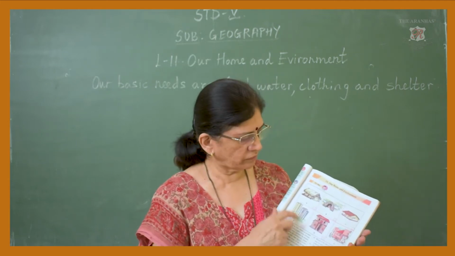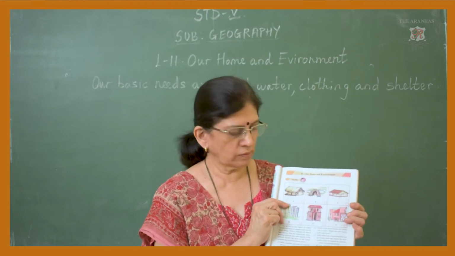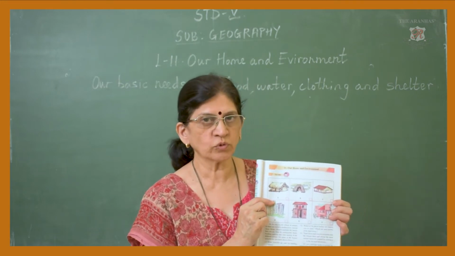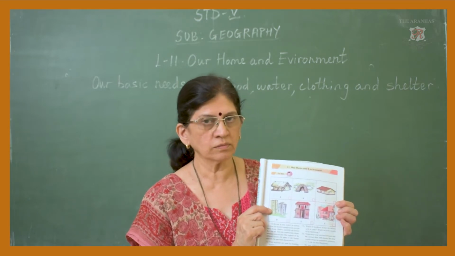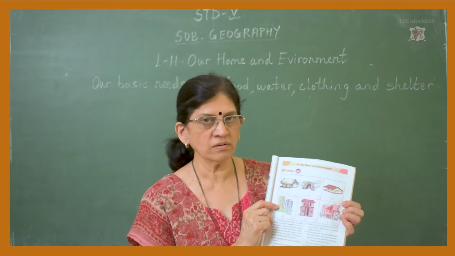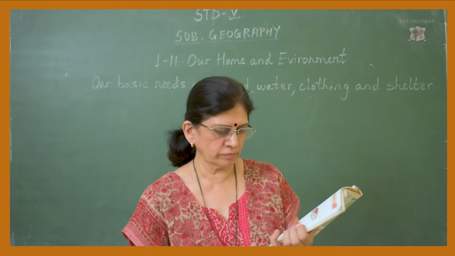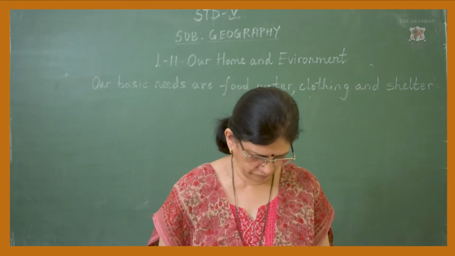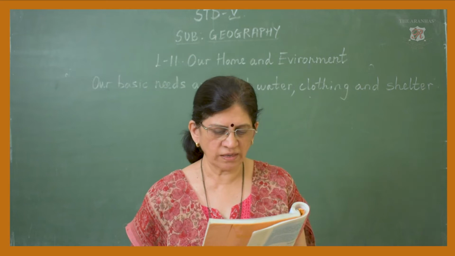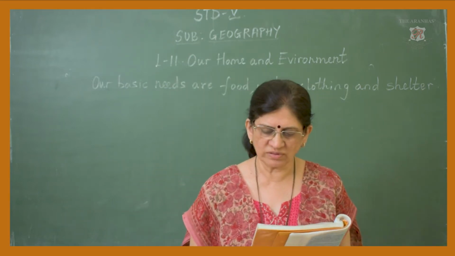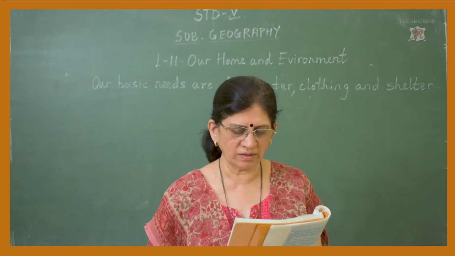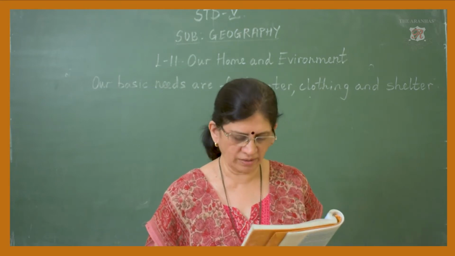Here A, B, C are seen in the rural areas and D, E and F are seen in the urban areas, that is the cities and towns. So the houses D, E and F are mainly seen in cities. The houses A, B and C are mainly seen in the rural areas.